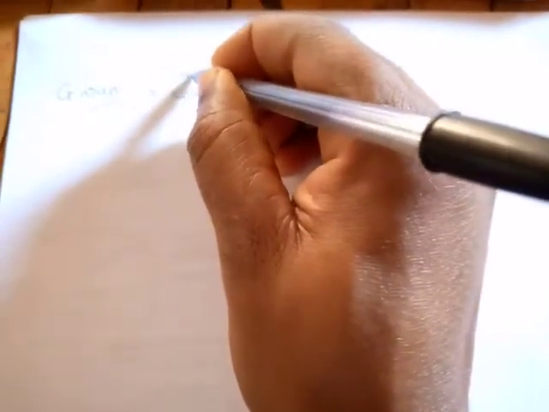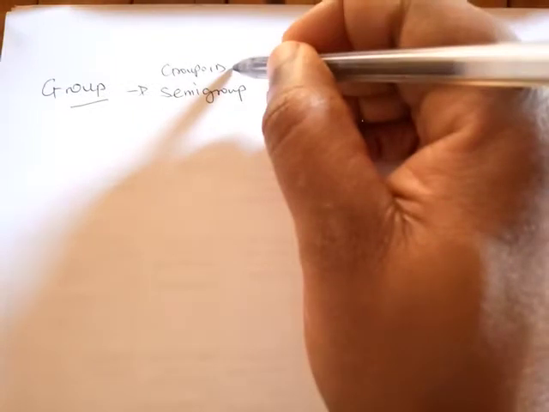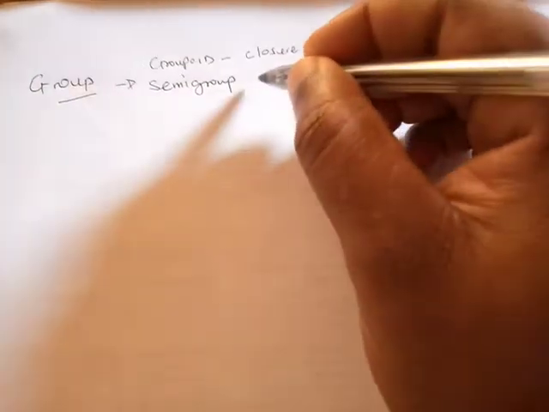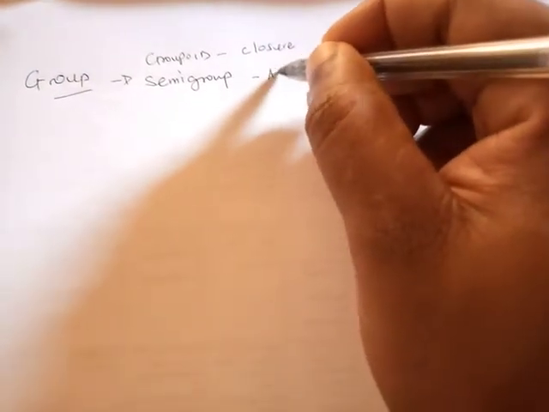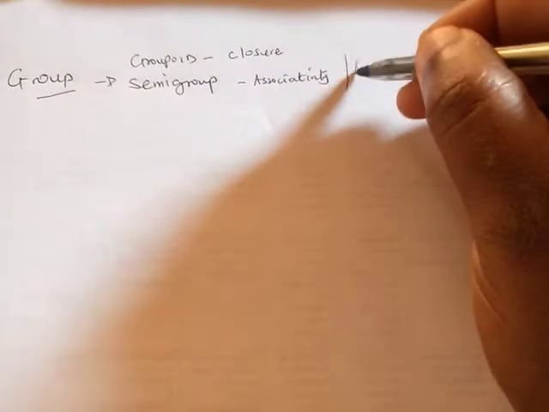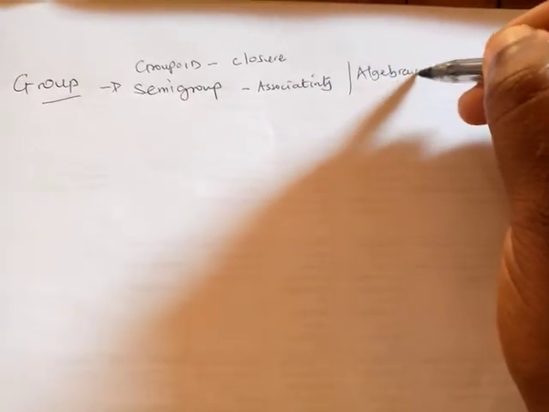First, the definition of a semi-group, and also the definition of a groupoid. A groupoid tests closure in an algebraic structure, and a semi-group looks at the associativity property in any given algebraic structure.